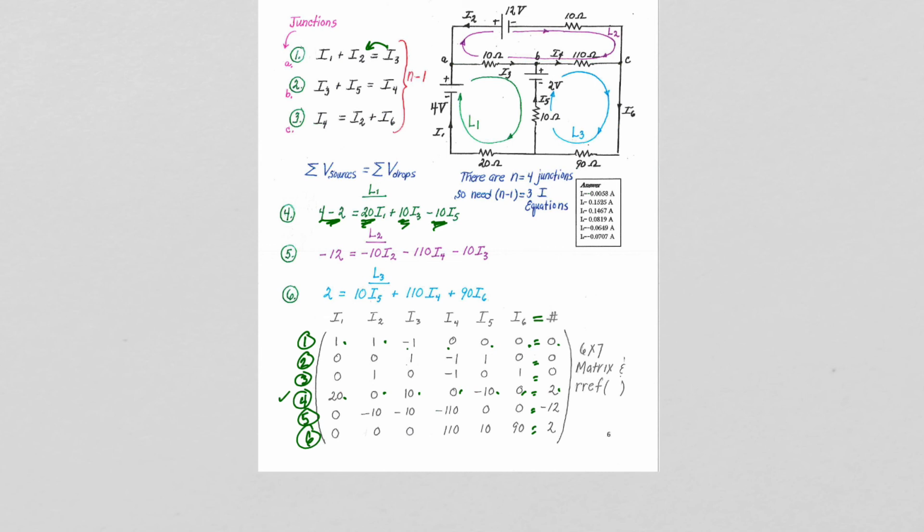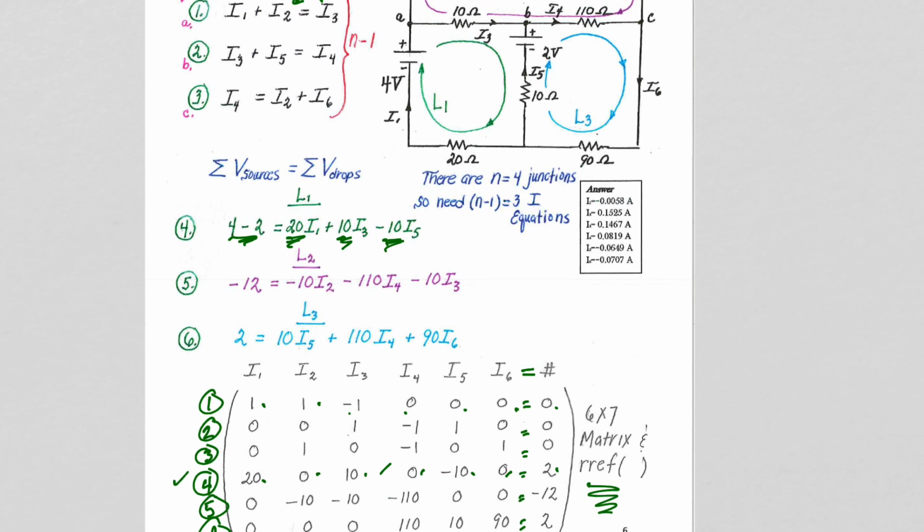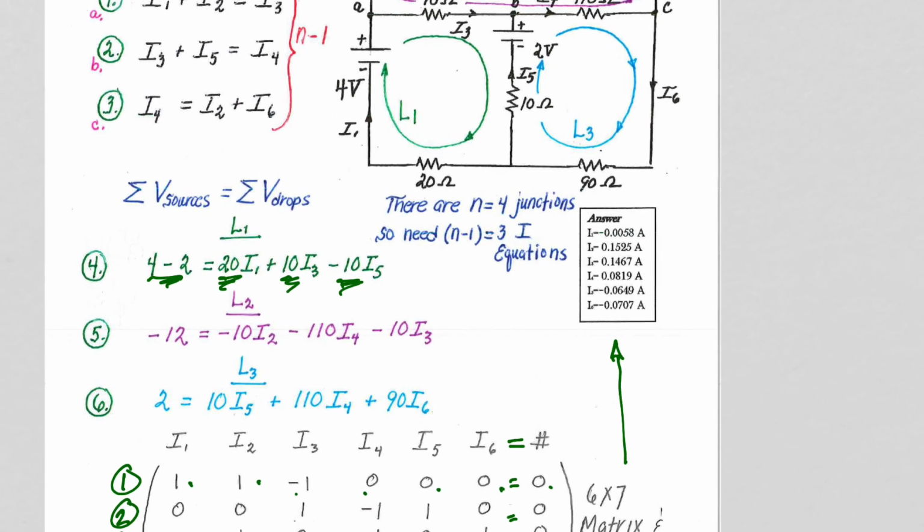When you do that, make sure you can plug in your 6 by 7 matrix into your row-reduced echelon form, and then check your answers. And keep in mind that all of the negatives here mean that we just chose the wrong directions. So unless you're told to go back and show the correct directions, that's fine.